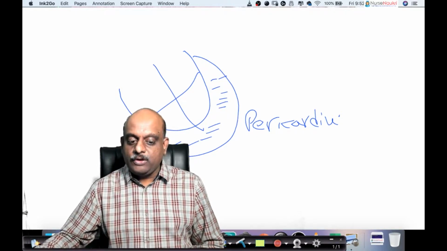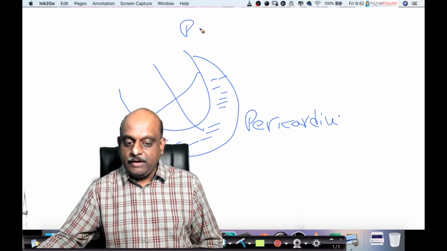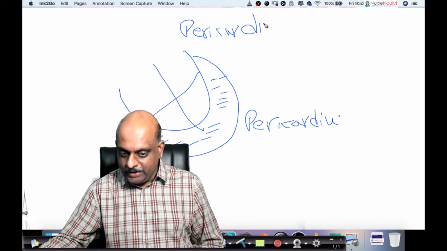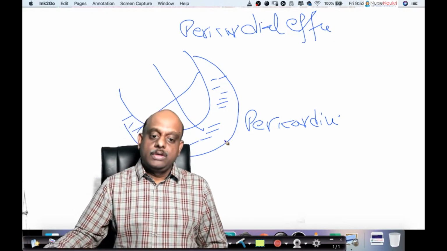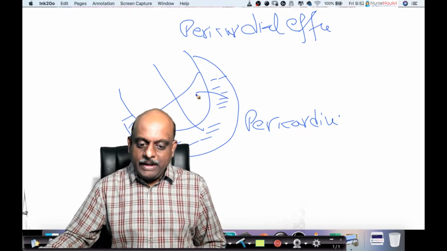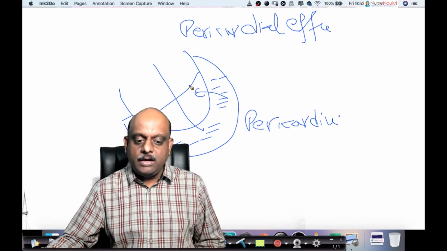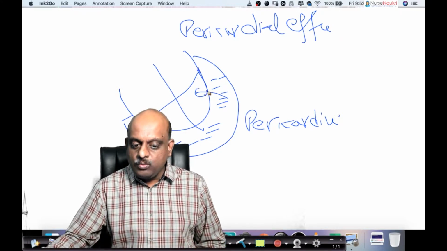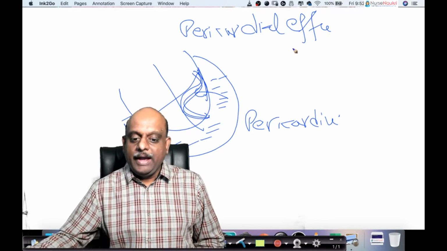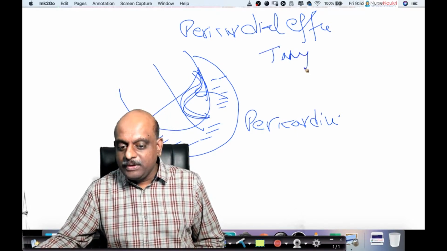What is this fluid called? Pericardial effusion. So, if this effusion becomes very severe, it will put pressure on the heart and the heart wall will collapse. That is called tamponade.